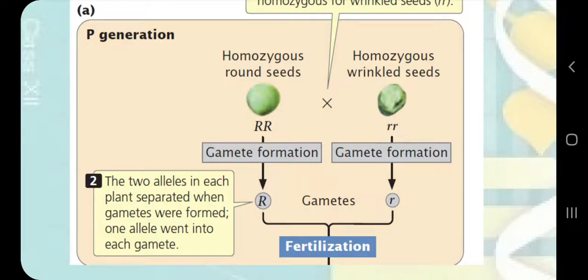During gamete formation, as we have learned in class 11th, meiosis happens. Actually, in plants meiosis happens in spore formation, but yes, before gamete formation meiosis happens, and after that gametes receive only one allele from each plant.